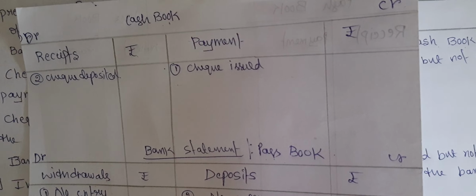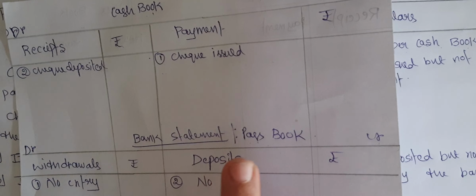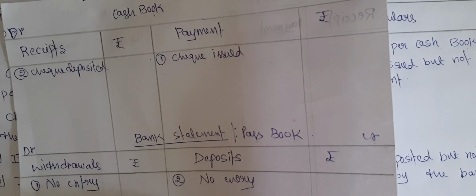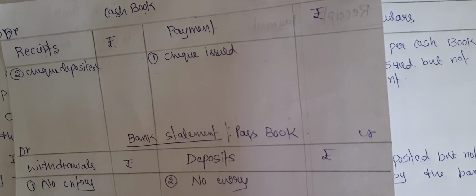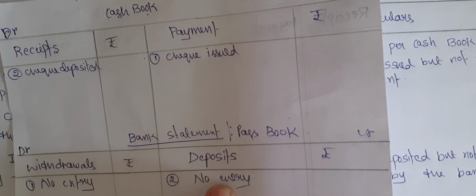Now what is the third step? Check the effect on passbook. Here there is no entry. Here check deposited means the cash book balance is more than passbook because they have received the check.